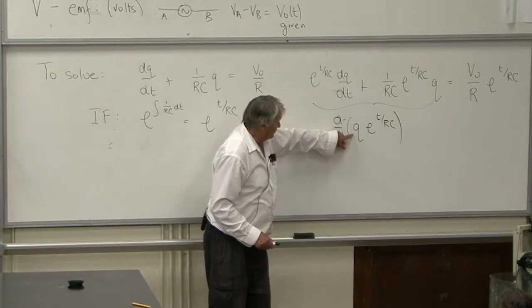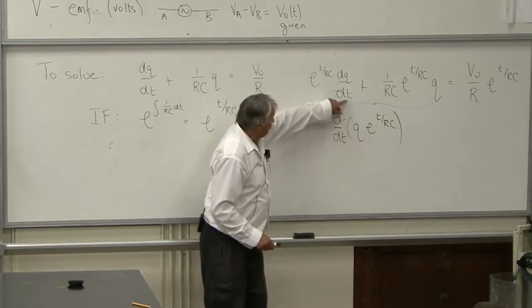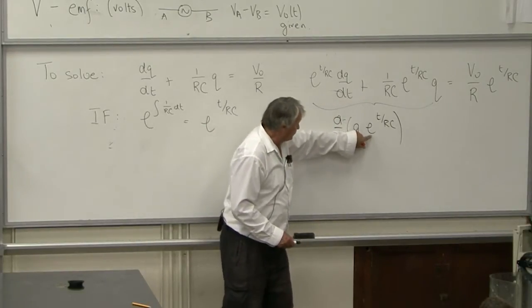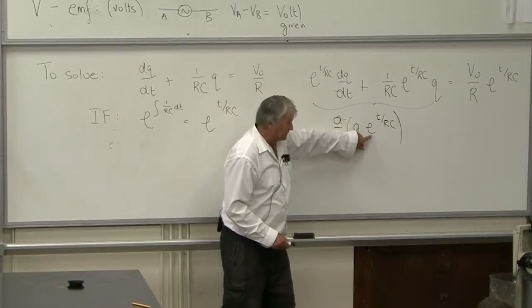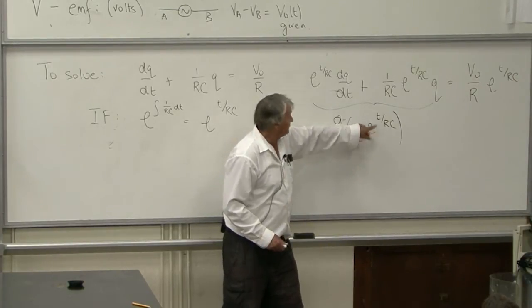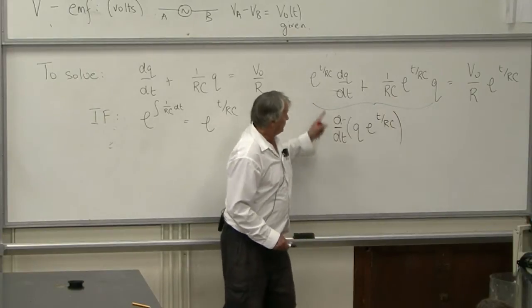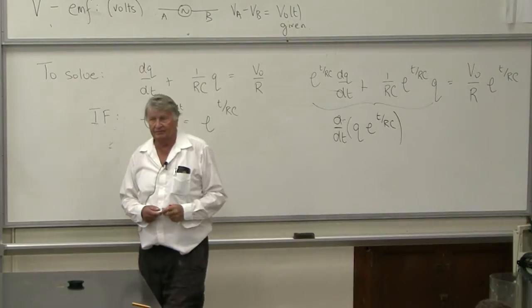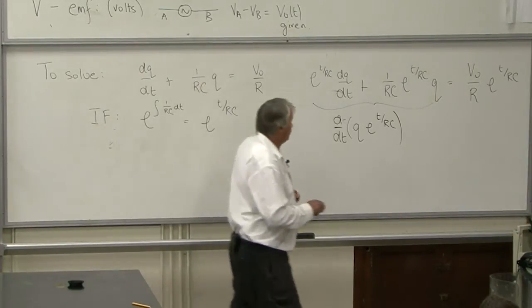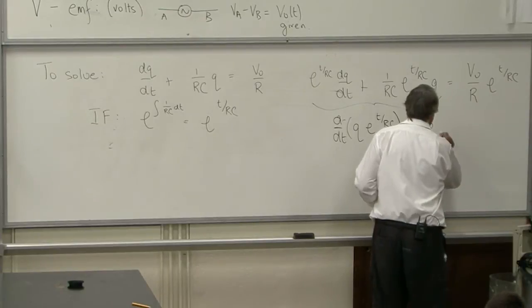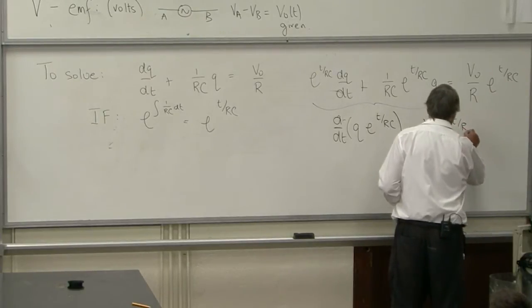If I take the d of the first times the second, I get that term. If I take the d of this times this, the d of this is 1 over RC times e to the t over RC times q, I get that term. These terms combine to give me this perfect derivative, and that's equal to V naught over R e to the t over RC.